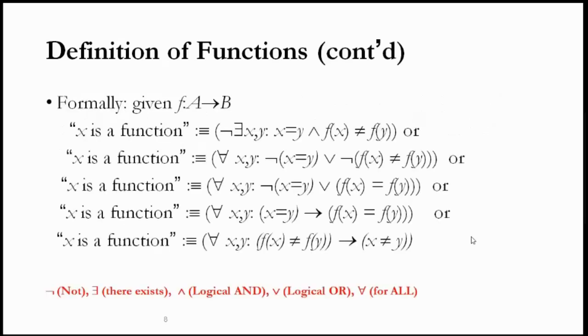And formally we can define this function in several ways. Here are the definitions given, and some notations you can remember if you have forgotten. The backwards E symbol means there exists.